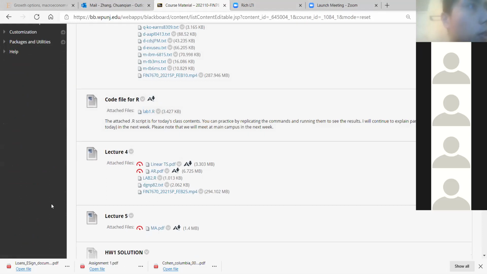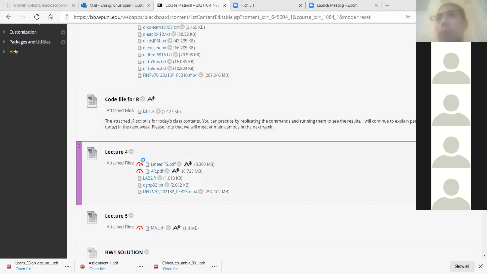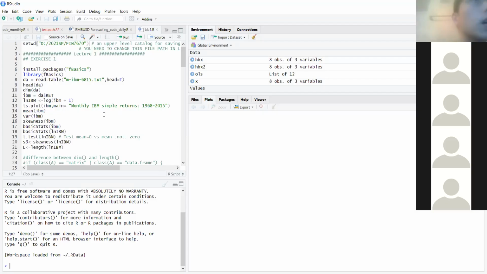Let me open my RStudio. So this is the lib1 file we just presented before.